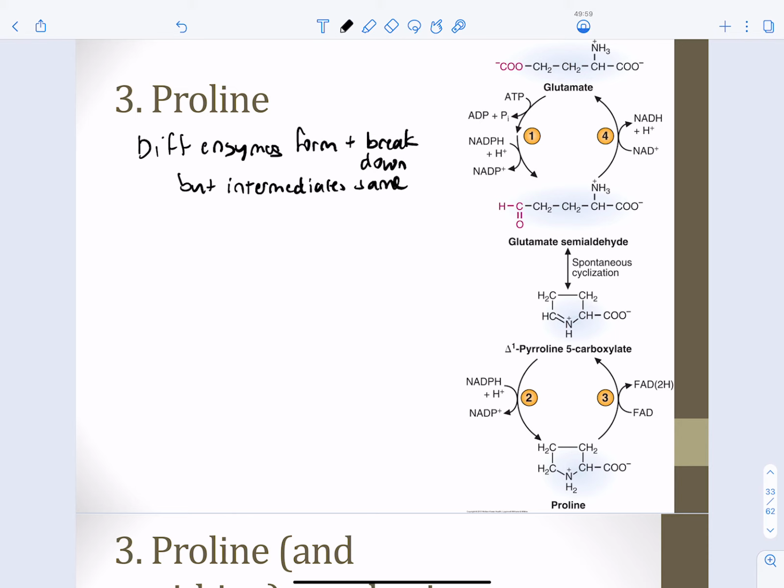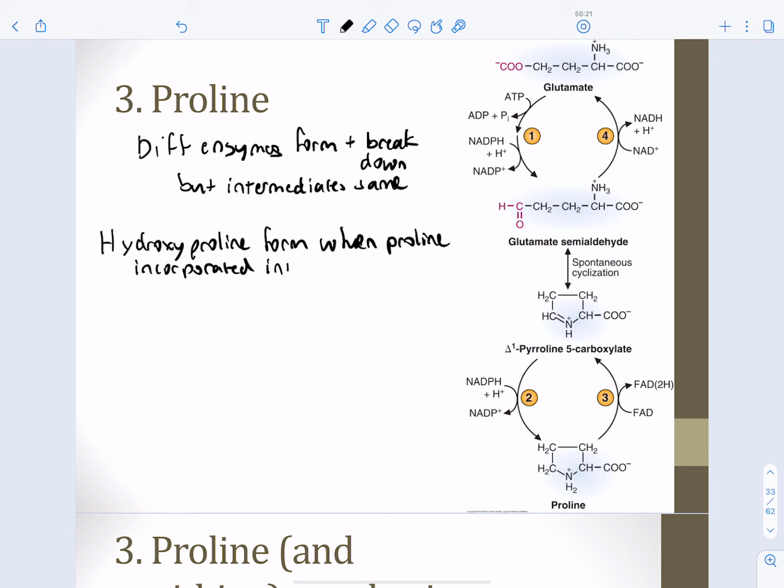Hydroxyproline is also going to be important. We'll talk about that just briefly here. And this is going to form when proline is incorporated into collagen. And this is by a prolyl hydroxylase system.